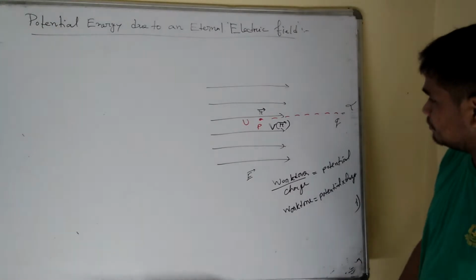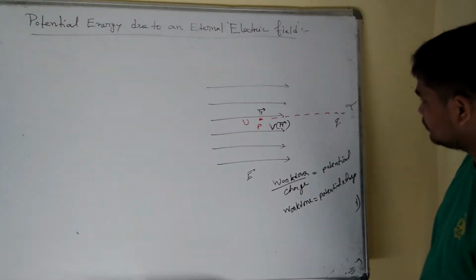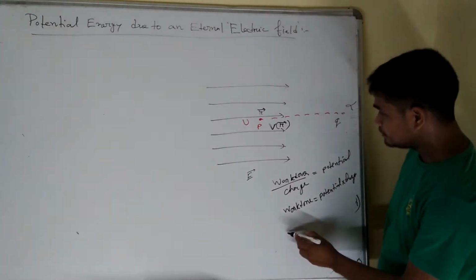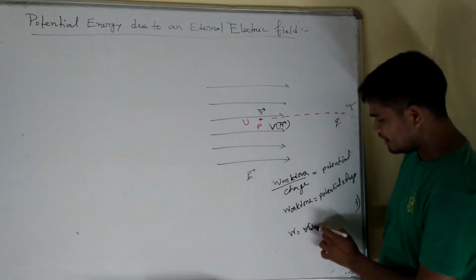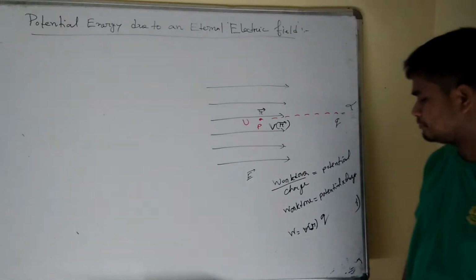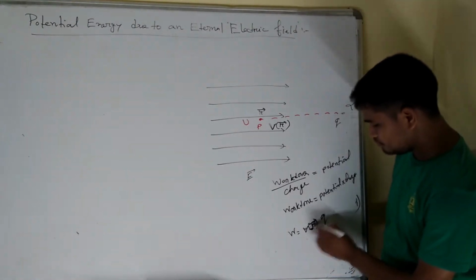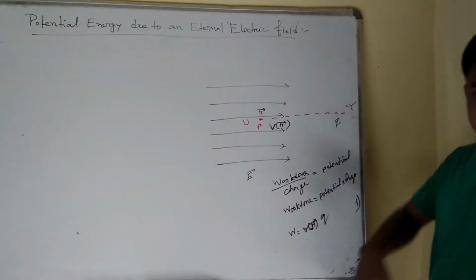Clear? Therefore work done W is equal to V(R) into Q. This work done will be converted into potential energy.